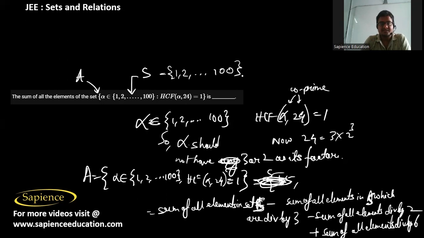So we have to find the sum of all elements in set A. That will be equal to the sum of all the elements in set S which are neither divisible by 2 nor divisible by 3.